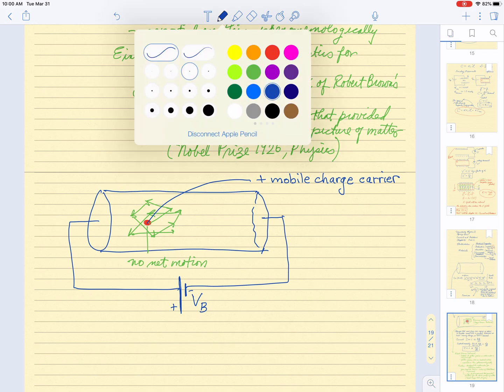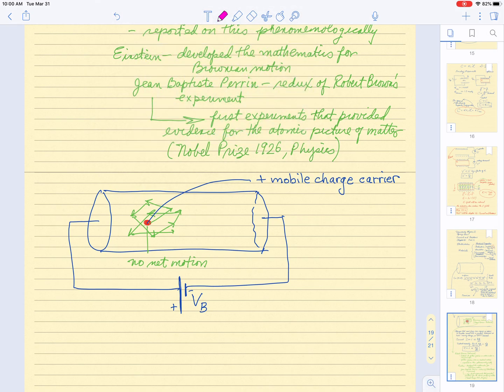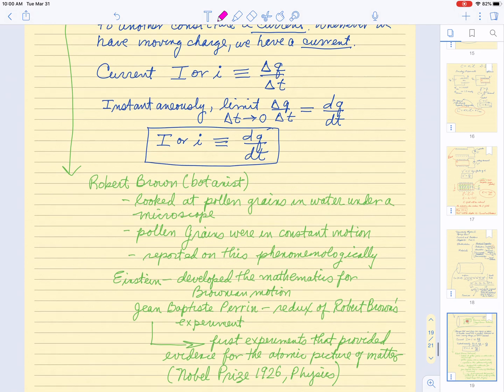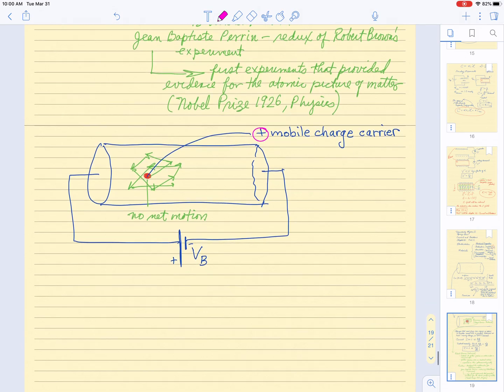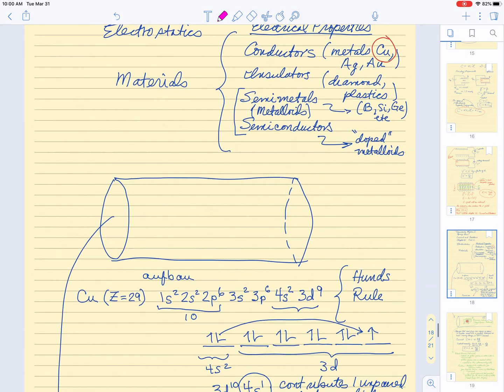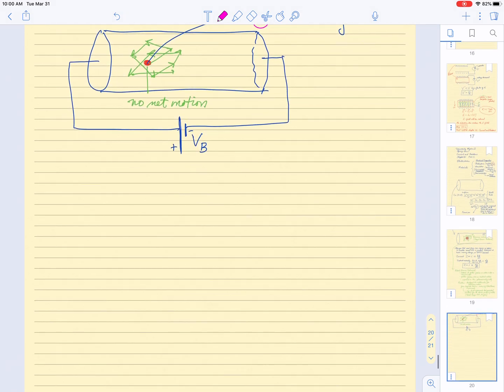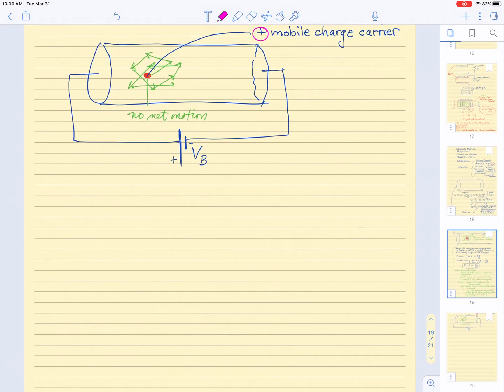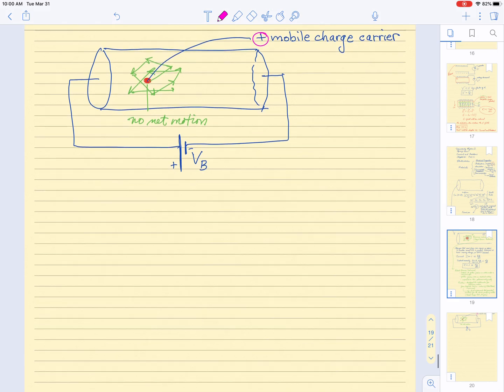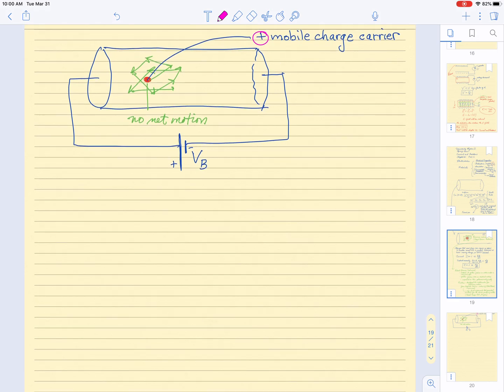And if we now were to watch this charged entity, which we're going to assume is positive, in our heart of hearts, we know that in copper they're negative. But for now, let's assume that these are positive mobile charge carriers. And if we were to watch that, then again, it's not going to travel very far before colliding into something.